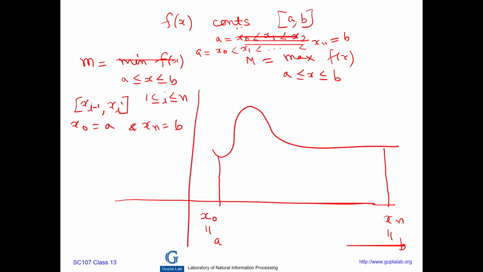Okay, now I take this, say xi minus 1, and this is xi, I call this point xi, chi i, okay.